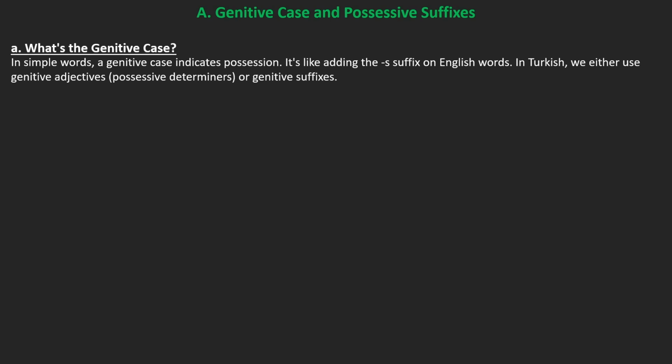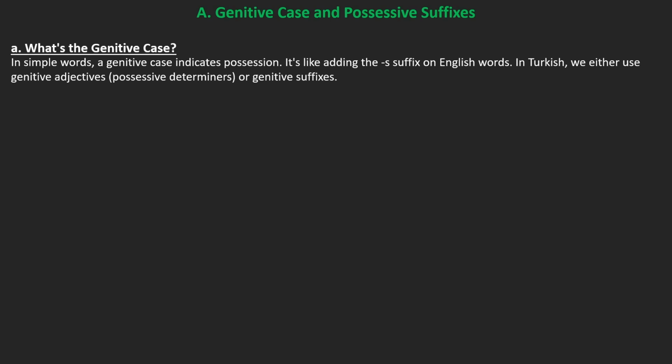So it is basically a possession. And I want to emphasize that the possession is grammatical, not physical, not like in reality. So, for example, when I say my school, it's grammatically my school.